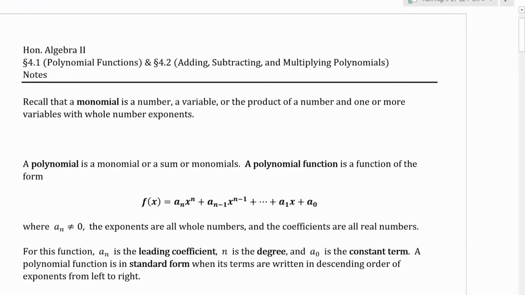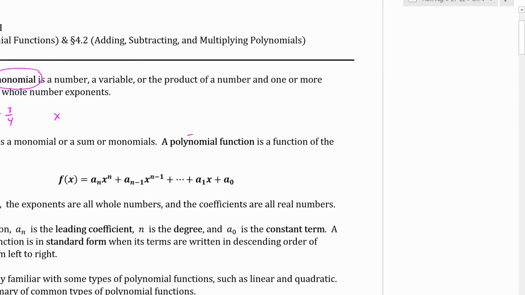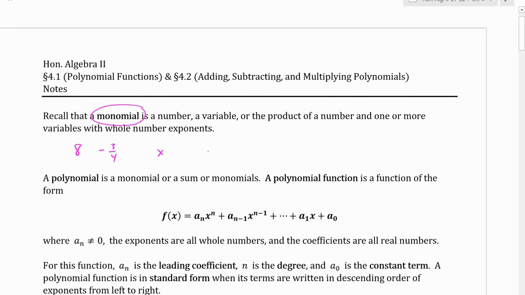Okay, start chapter 4. We're going to start out with polynomials, and we're going to start with a monomial. So a monomial is a number like 8 or negative 3/4, a variable, say x, or a product of a number and one or more variables, like negative 3x, 4x to the 5th.